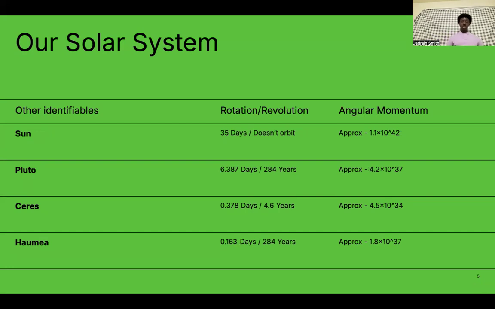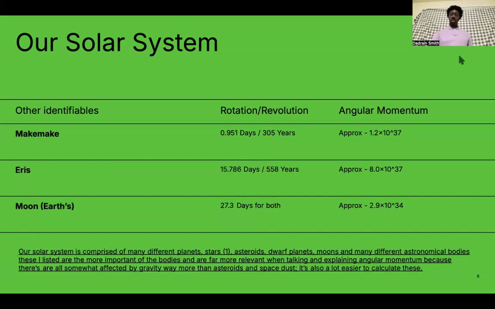We're going to skip past all the other dwarf planets except Pluto, which has a rotation of 6.387 days on its axis and 284 years around the sun, with an angular momentum of 4.2 times 10 to the power of 37. Again, the scientific notations were done in Google Gemini, and the decimal points were done in ChatGPT.